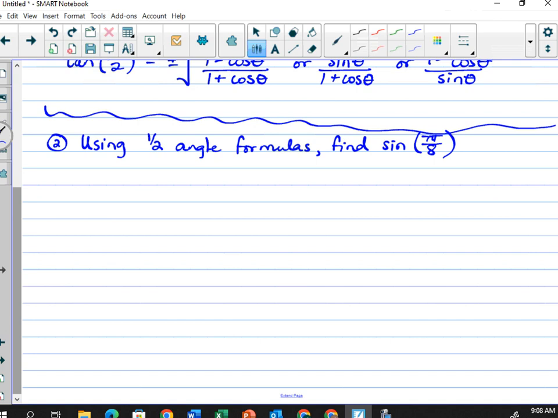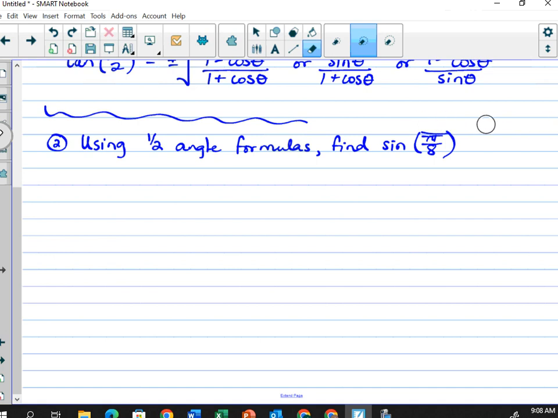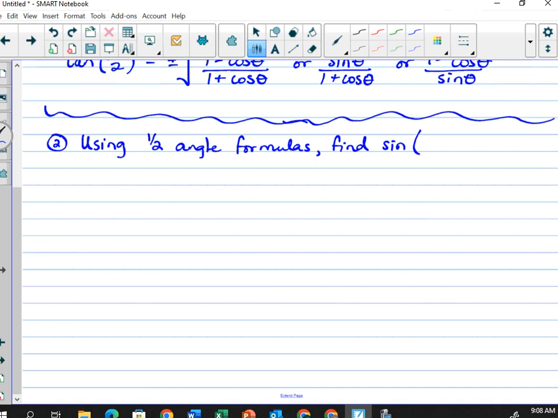7 pi over 8. If you have a protractor, then you won't need it. All right, guys. We're gonna stop building Rohit 2 a shelf. We're gonna find the sine of 7 pi over 8, and we are going to use our half angle formula for that.